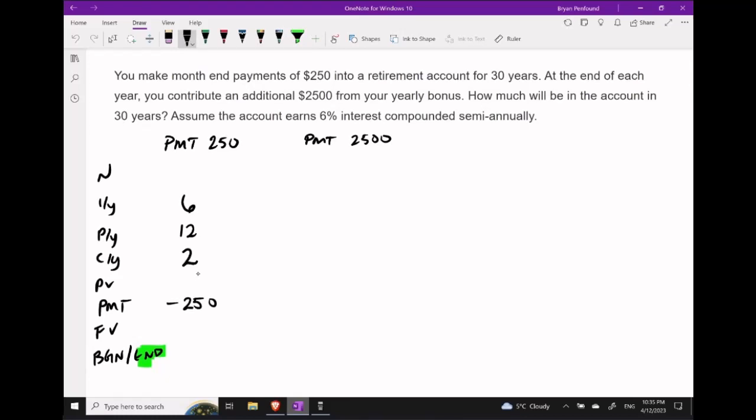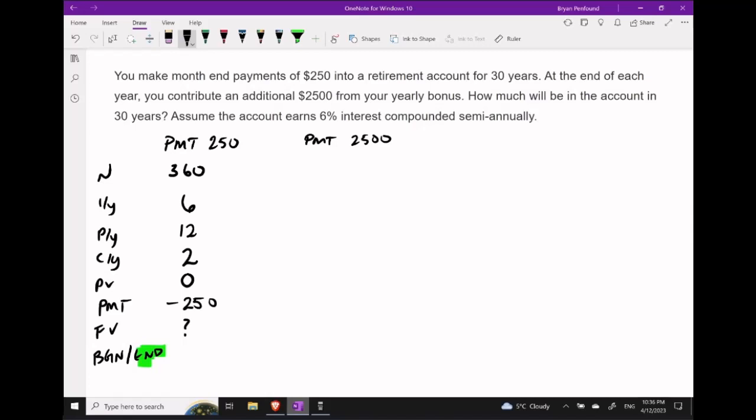We're going to assume that our account starts with a zero balance, and we're going to be asking our calculator for the future value. So the last thing we need is a value for n. We are going to be making month-end payments for 30 years. 12 times 30 implies we should be making 360 of these payments.